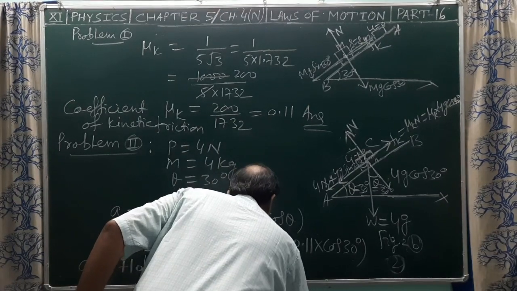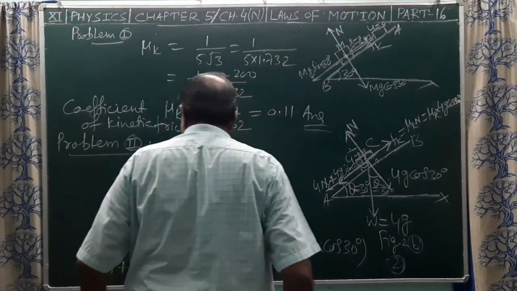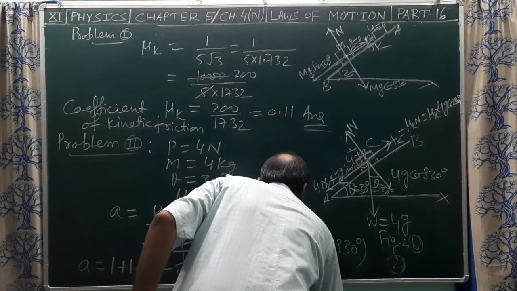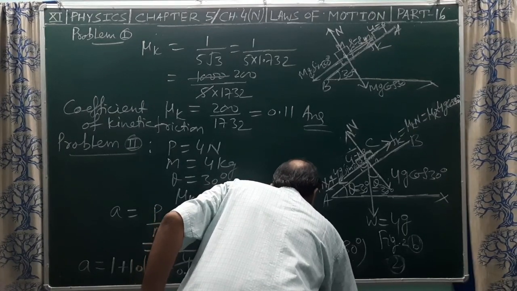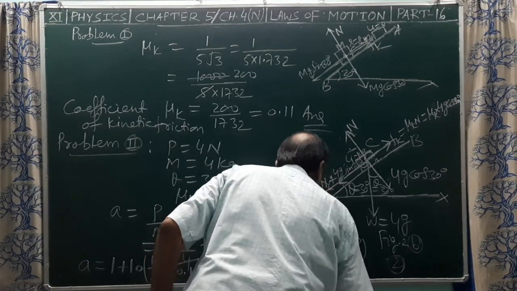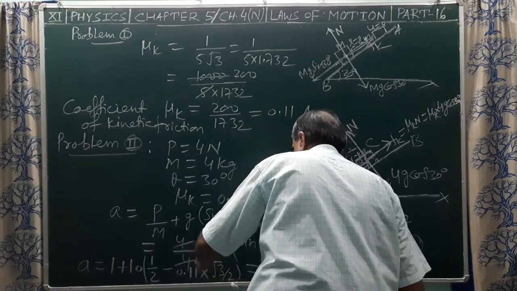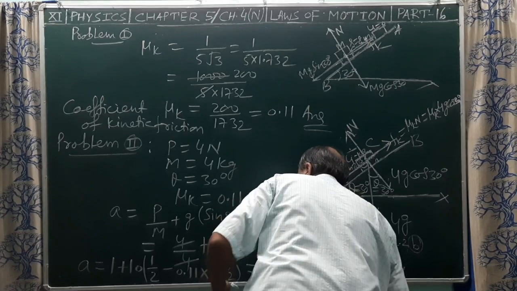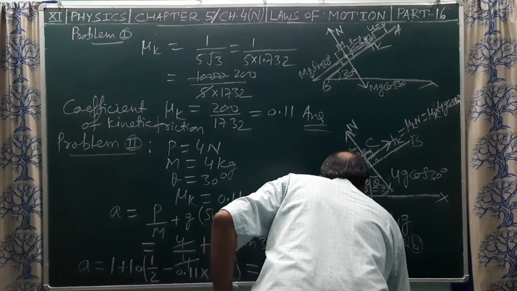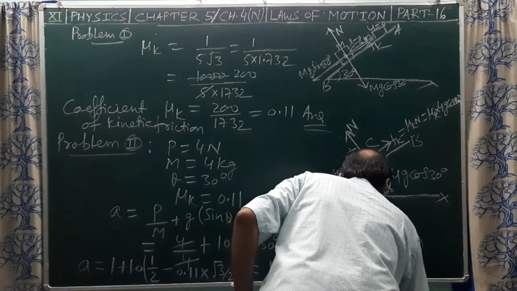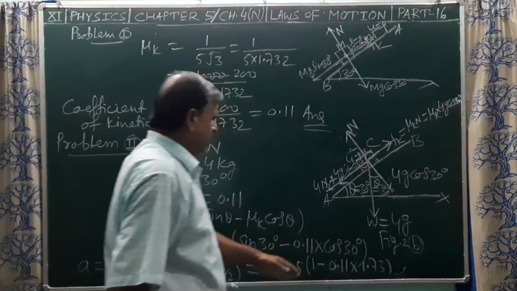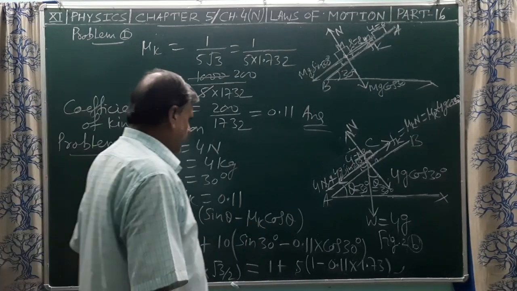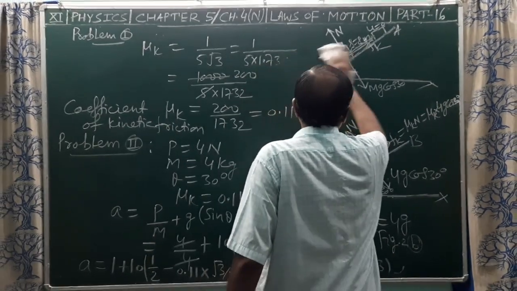So it is 5 under bracket 1 minus mu k, mu k is 0.11. So we have already substituted 0.11 multiplied by root 3 is 1.73. We can multiply 1.73 by 0.11 to get the result, that is downward acceleration of the block.